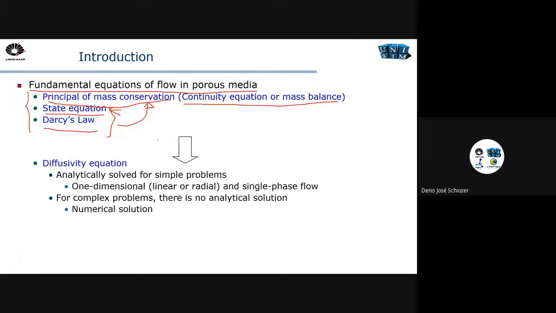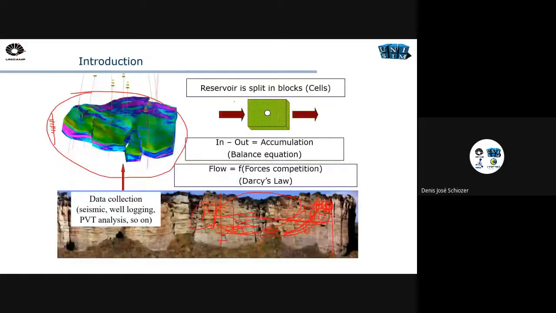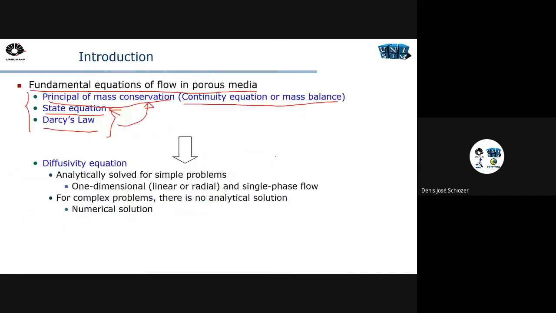We are writing the mass balances using this concept: the fluid that's going in, the fluid that's going out, and the mass that's accumulating inside the block, okay? These are the basic equations that we're going to write. When we do all this, we end up with what we call in petroleum engineering the diffusivity equation, which is no more than these equations that try to represent the physical behavior of the process.